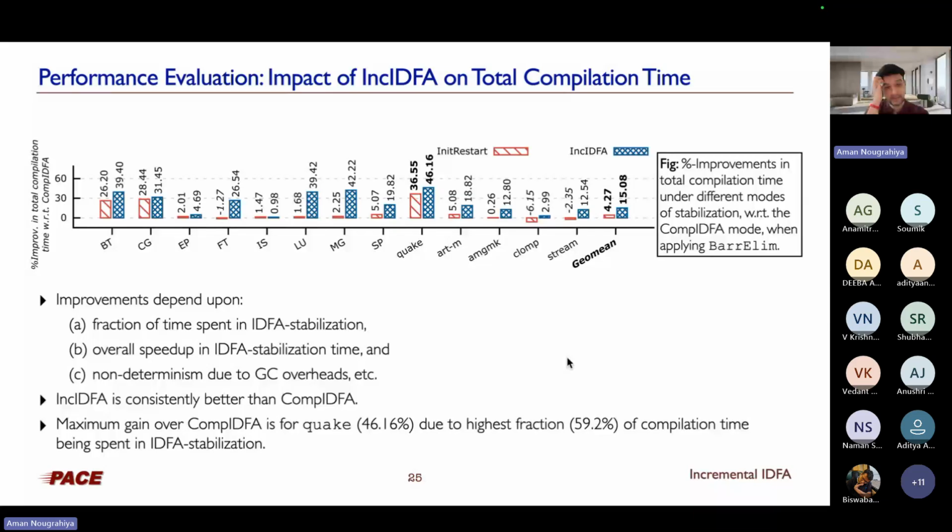This is just one of the starting points. But what I like the most about this work is that we came up with a very thorough formal treatment of the algorithm, where we were able to prove not just that the algorithm will terminate, but also that it will give us sound results and precise results. The details are there in the paper.